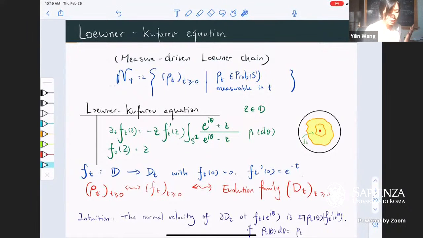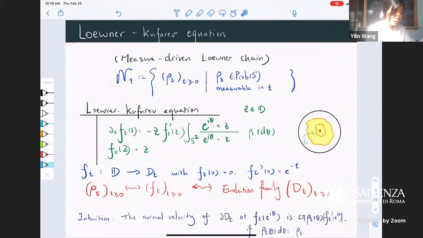And the intuition about the relation of rho and f_t is that if rho is regular enough, if rho has a density, then the normal velocity of the boundary of D_t is given by 2 pi rho times the derivative of the conformal map to the first power.